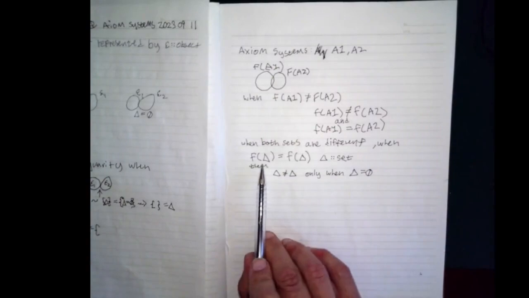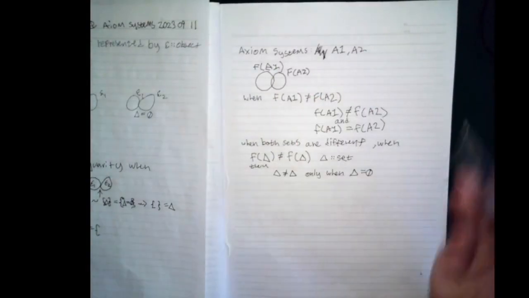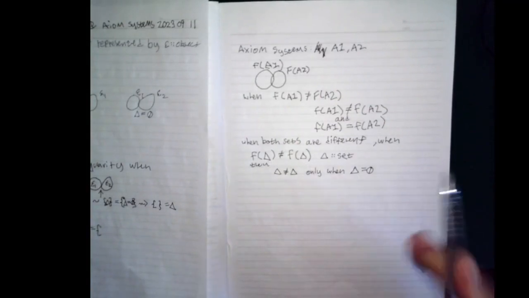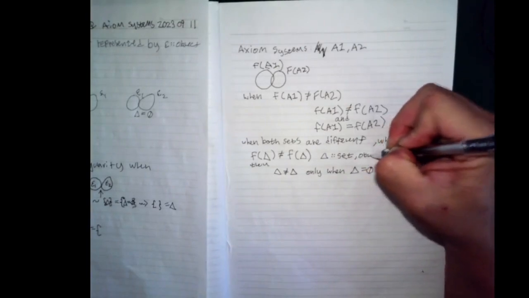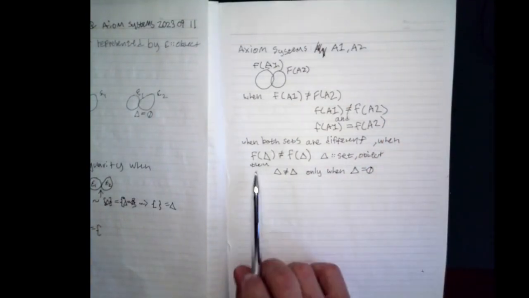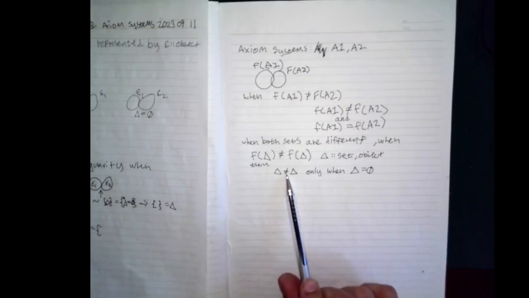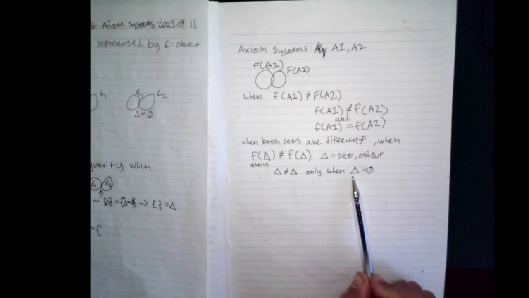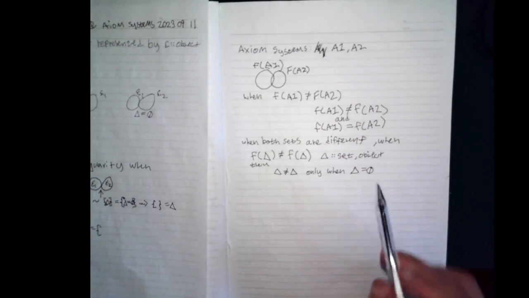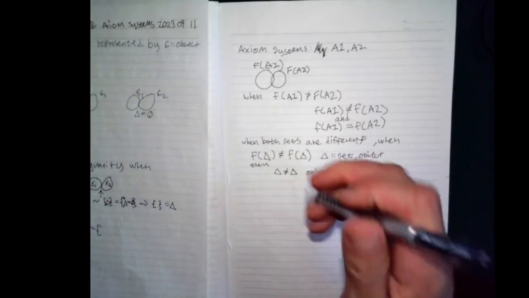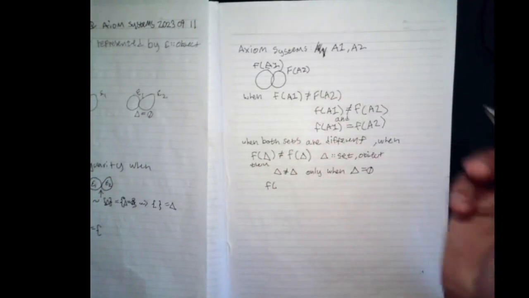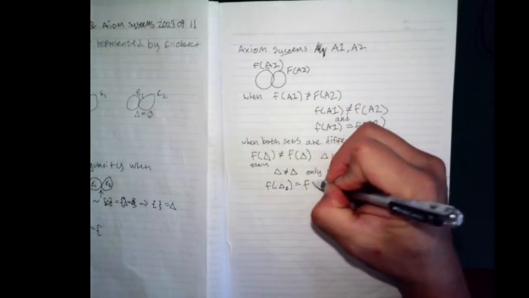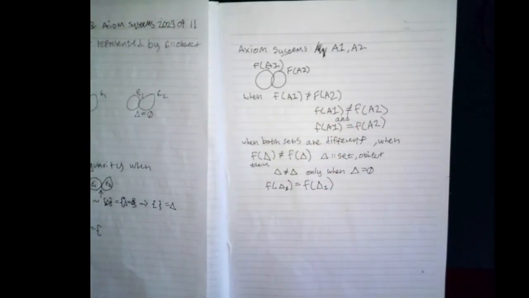So for the end result of tossing out the false by f of delta doesn't equal f of delta, when delta is type set and it's of type object, then delta doesn't equal delta except for the edge case that delta equals 0, or the two objects are the same, in which case I would have f of delta 1 equals f of delta 1 with delta 2.